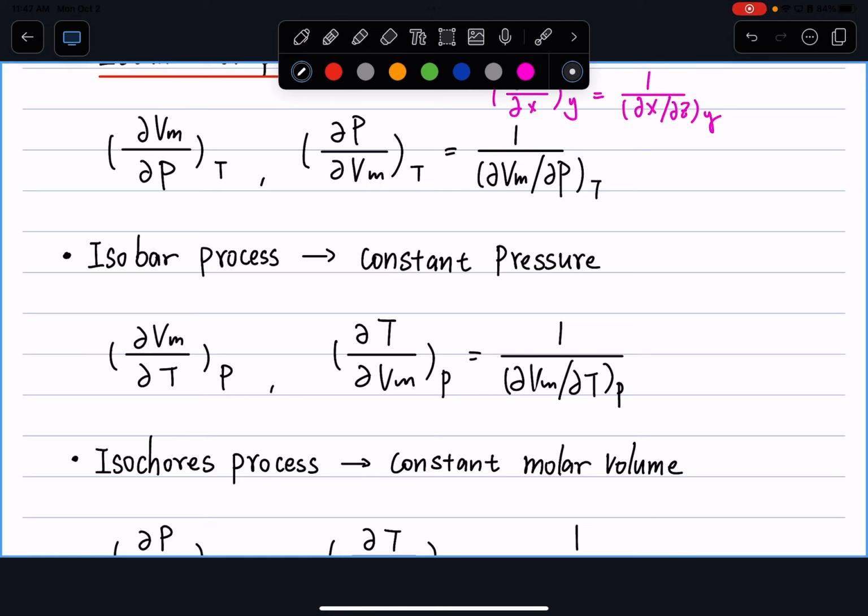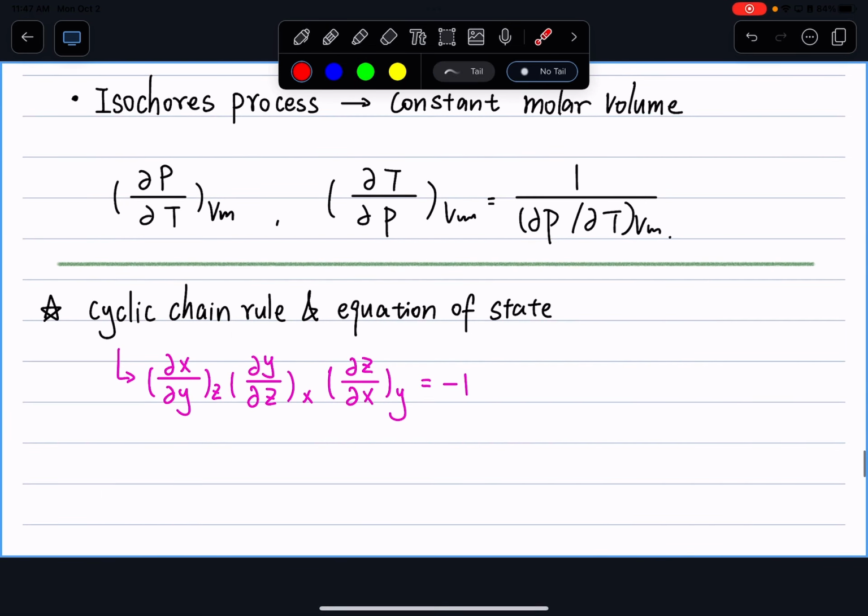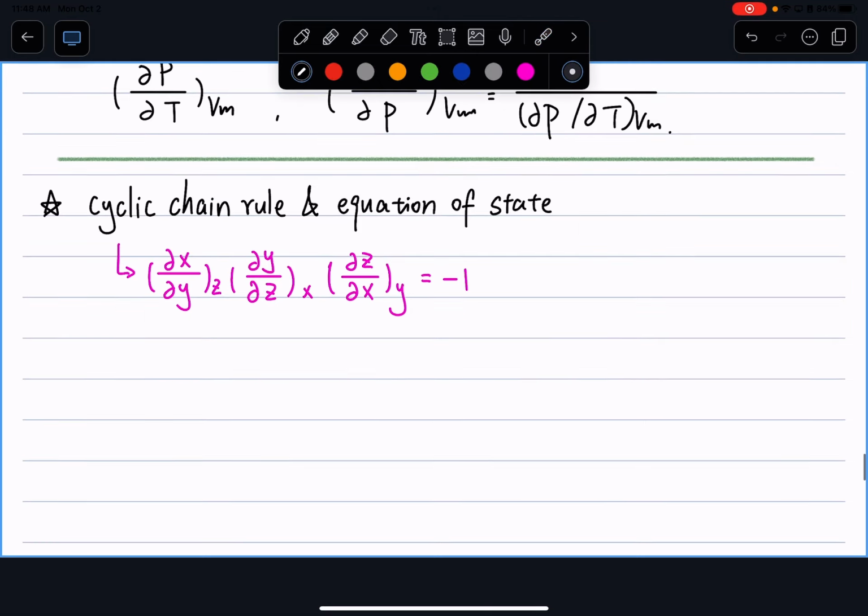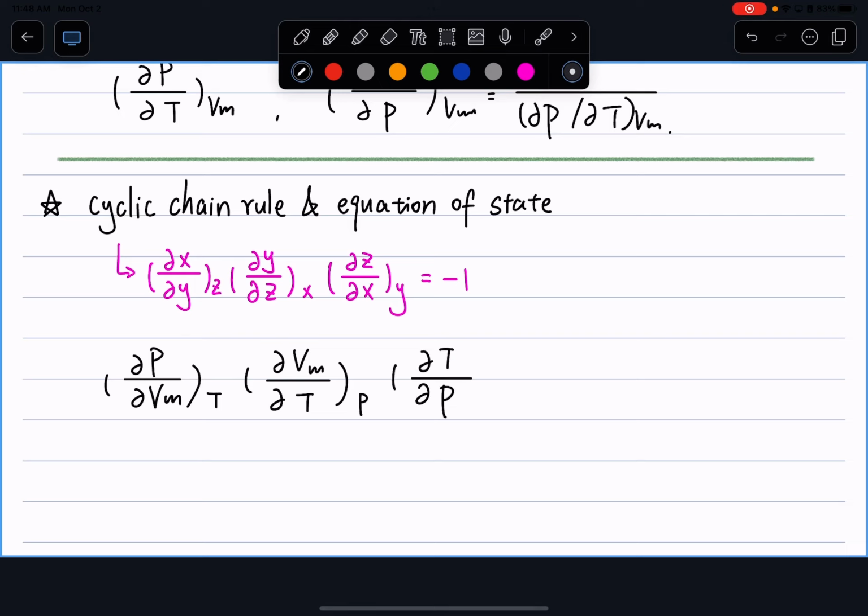The next thing we want to use is the chain rule. If you remember the chain rule, if you take the partial derivatives one by one at constant z, x, and y, you end up having negative 1. So if we go back and write our relationship, we have the partial derivative of P over Vm at constant T, times the partial derivative of Vm over T at constant P, times the partial derivative of T over P at constant Vm, gives you negative 1.